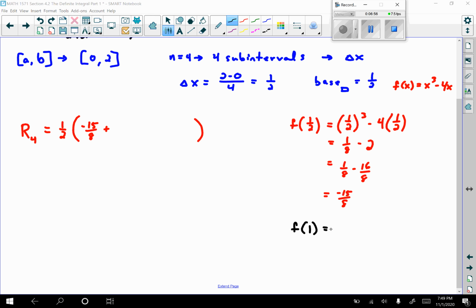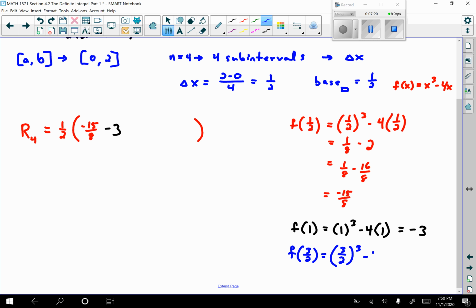Next is f of 1, a slightly easier calculation. We have 1 cubed minus 4 times 1. So that's 1 minus 4, which gives me negative 3. So we could just say minus 3 at this point. Okay, next we want f of 3/2. That becomes 3/2 cubed minus 4 times 3/2.